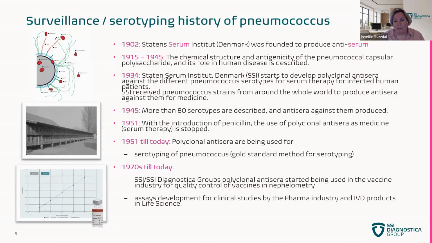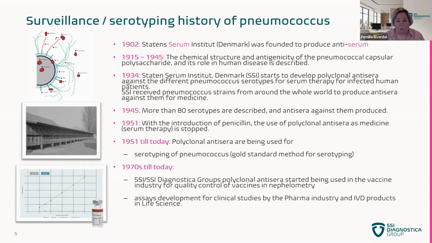In the 1970s, and actually up to today, the SSI, now SSI Diagnostica Group, monoclonal antisera is being used in the vaccine industry for quality control of the vaccine in their nephelometry method. So it started early, and we are still in that space and have just fine-tuned our antisera to now have a dedicated product for that, which is also supplied with the immunochemistry analysis paper for the nephelometry method.